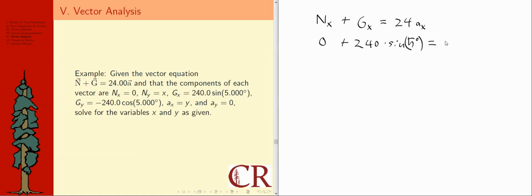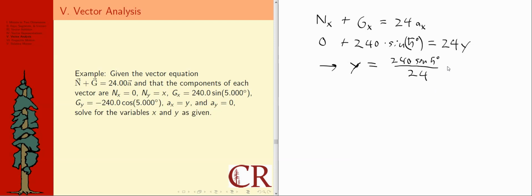And then on the other side, we've got the number 24 multiplied by a sub x, but a sub x is equal to the variable y, one of the variables we're being asked to solve for. So that tells me that y, if I divide both sides by 24, should be equal to 240 times the sine of 5 degrees divided by 24.